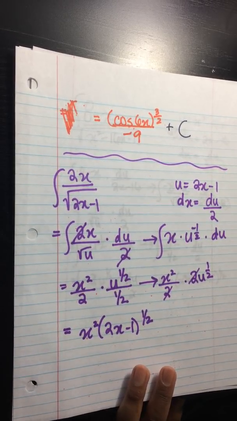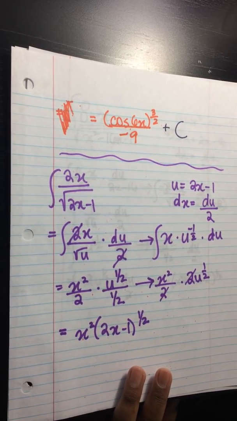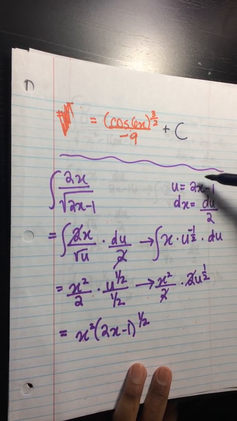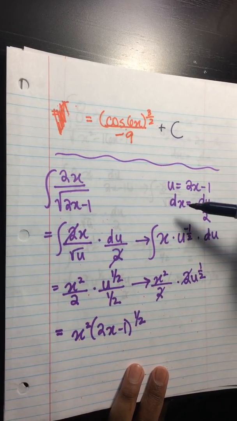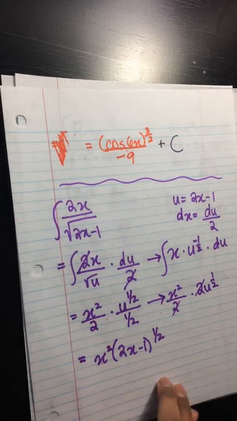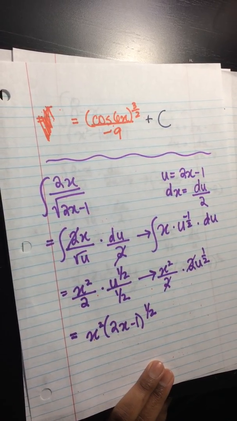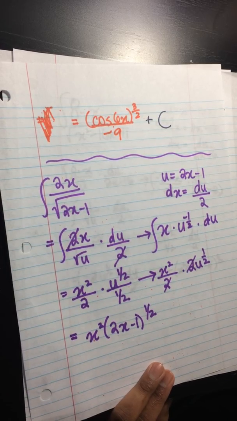For the next question, 2x over square root of 2x minus 1. So the u would be 2x minus 1, and then dx equals du over 2. So plug in the u, so you'd have 2x over square root of u times du over 2.